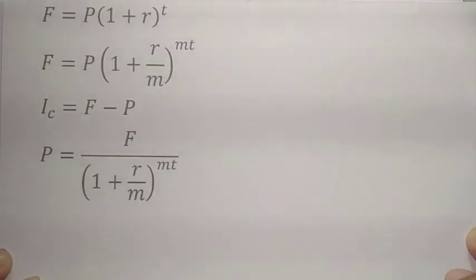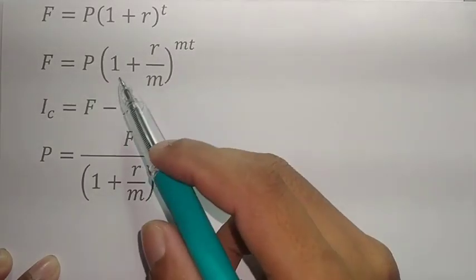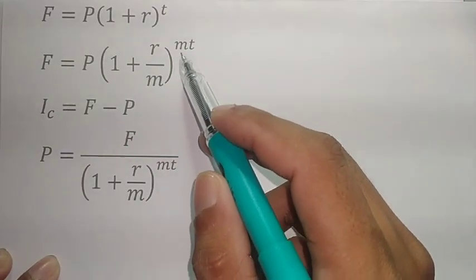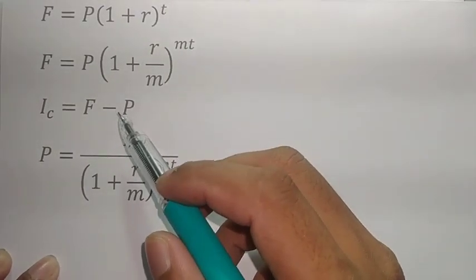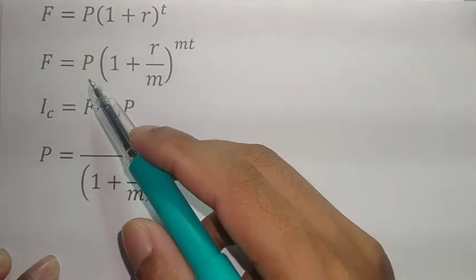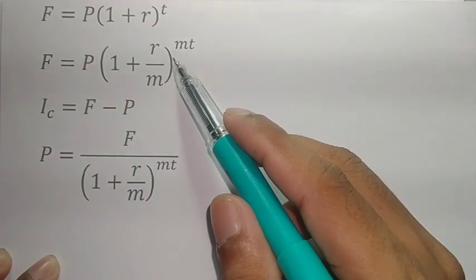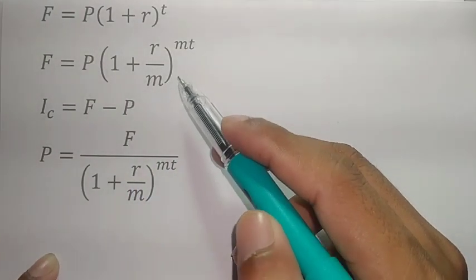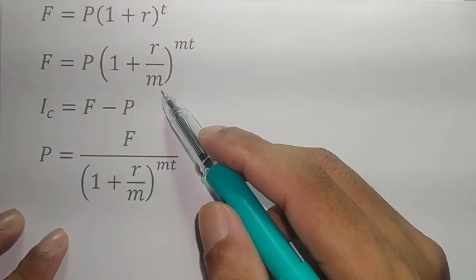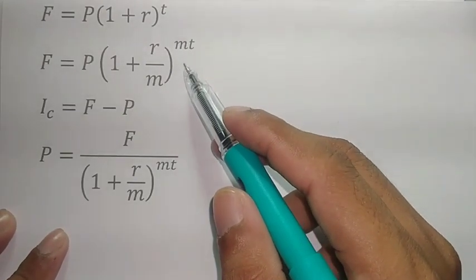Then we have F equals P times the quantity 1 plus R over M raised to MT. Where P is the principal, R is the rate, and M is the compounding period. And T is the time.